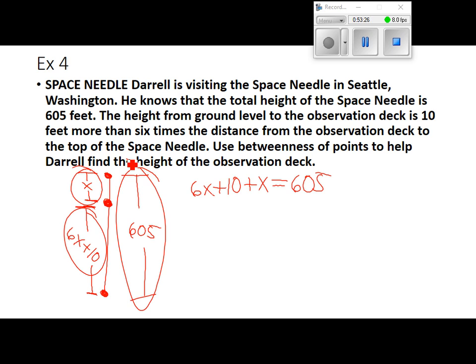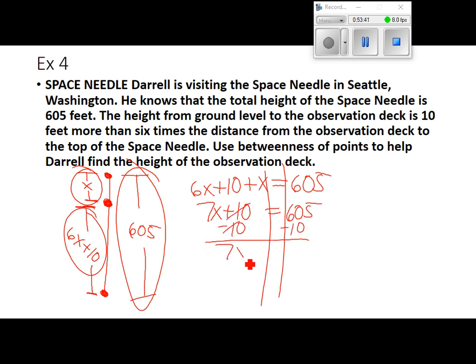So, combine like terms, 7x plus 10 equals 605. Everybody agree with Keaton so far? Yeah. You subtract 10, it'll be 7x equals 595.